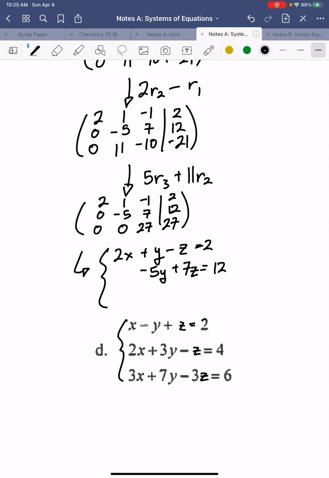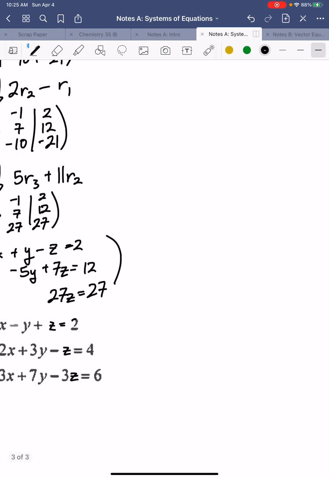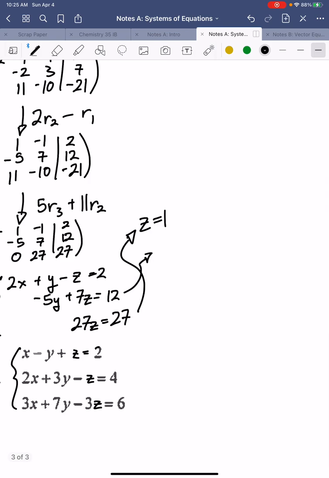And then finally, we have 27z equals 27. Okay, so judging by the bottom one, z equals 1.